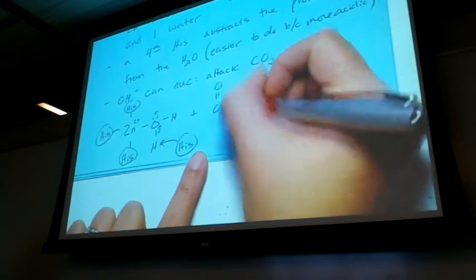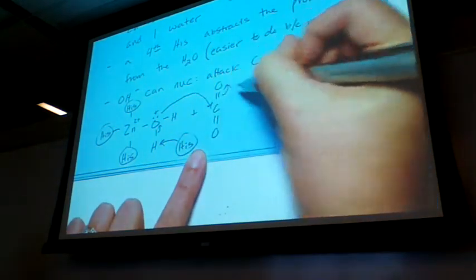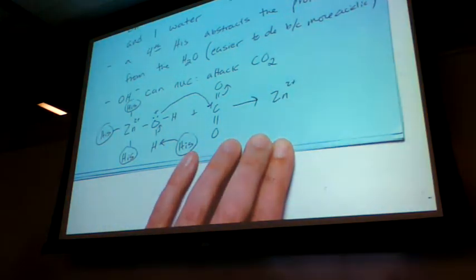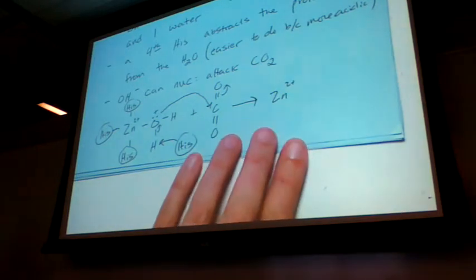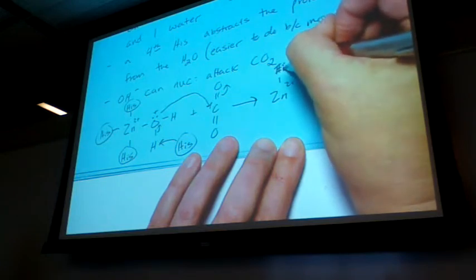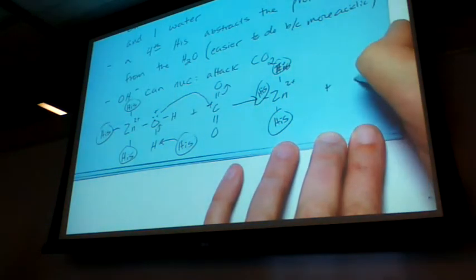We're always combining steps. If I have some carbon dioxide here, then these electrons can attack there. And now I have zinc and bicarbonate.